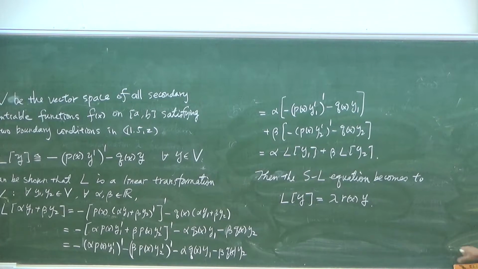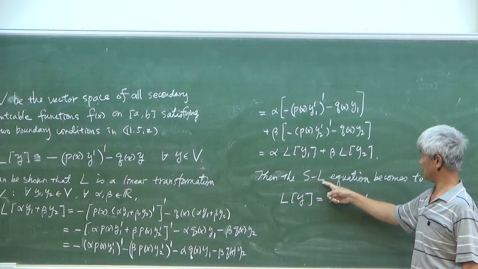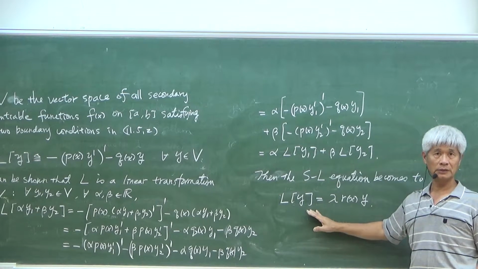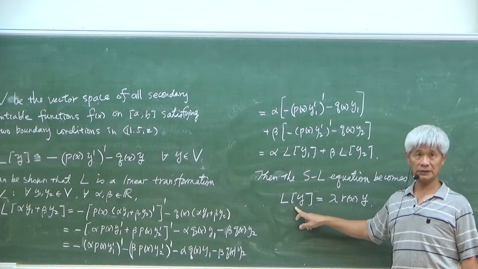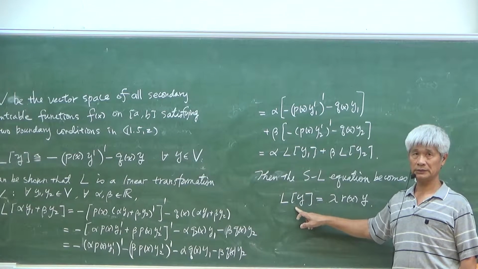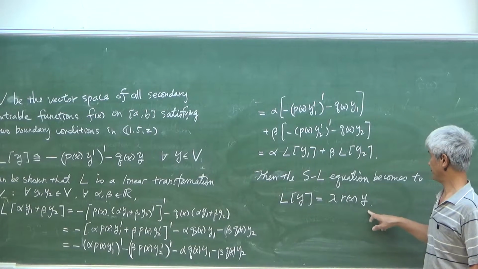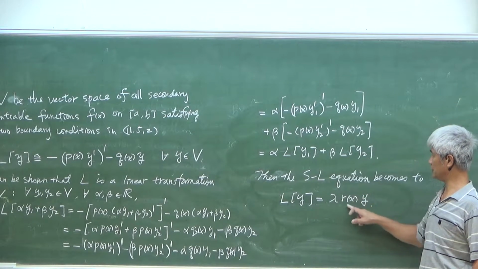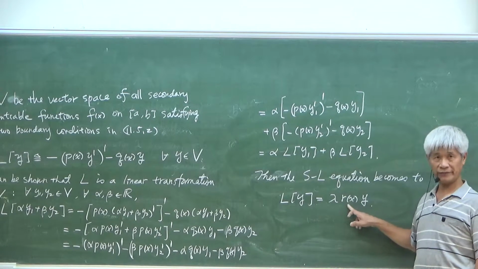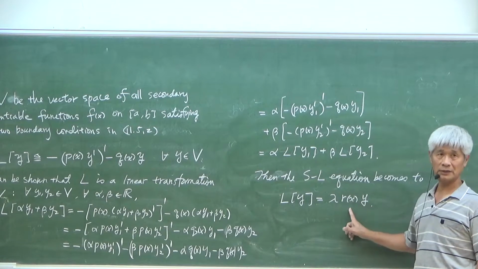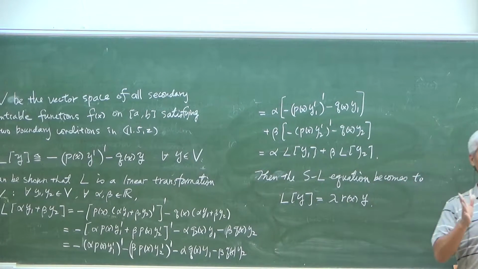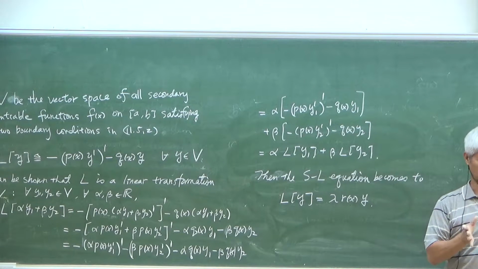So the differential equation becomes an equation about the linear operator, and we have included a function r here. If r is equal to 1, then you have the ordinary eigen equation.